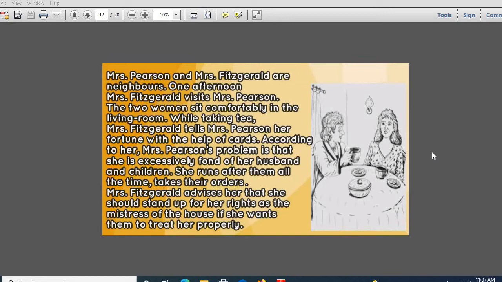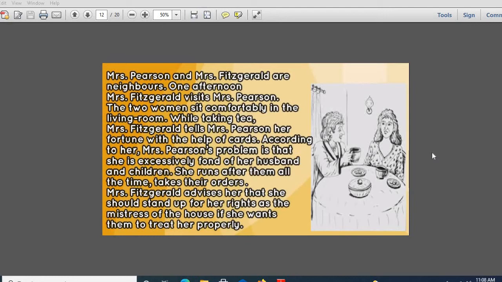Now what was that? According to her, Mrs. Pearson's problem is that she is excessively fond of her husband and children, and as I told you yesterday, if we pamper our kids too much, ultimately a time will come that they will totally be indifferent towards us.